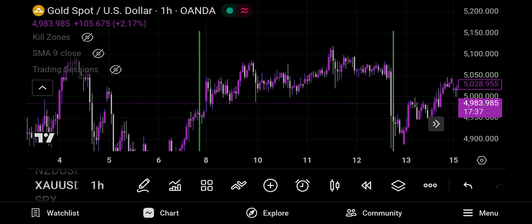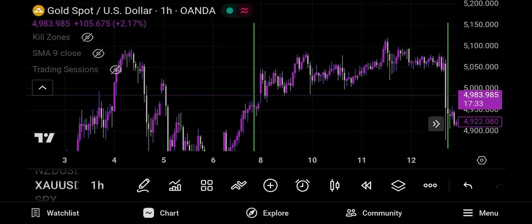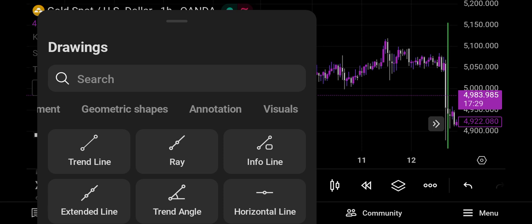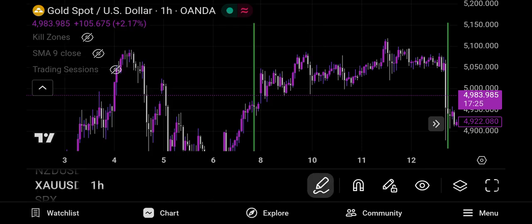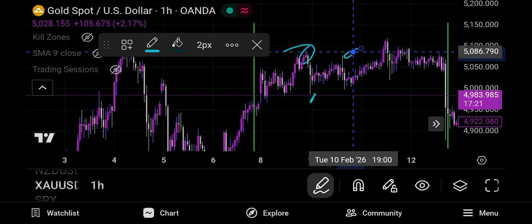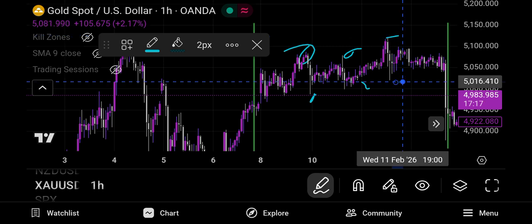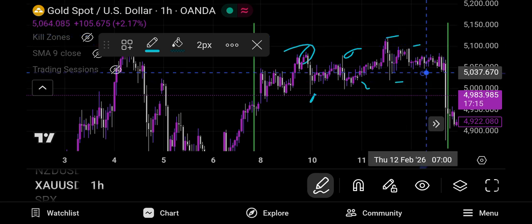There's no clear-cut trend. We moved up, and moved down. Moved up, moved down, moved up, moved down, moved lower, moved upper. So you get me?